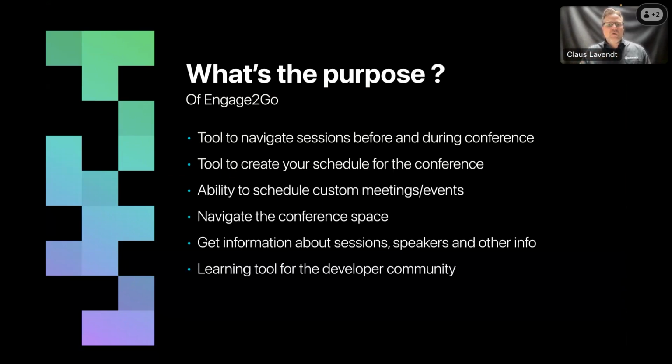And it should also be a tool where you could create your own schedule for the conference, which also includes an ability to schedule custom meetings and events that is not on the official session list. So if you have a meeting with one of your peers or a customer or colleagues, then it should be possible for you to have everything in the same area. So that's also one of the purposes.